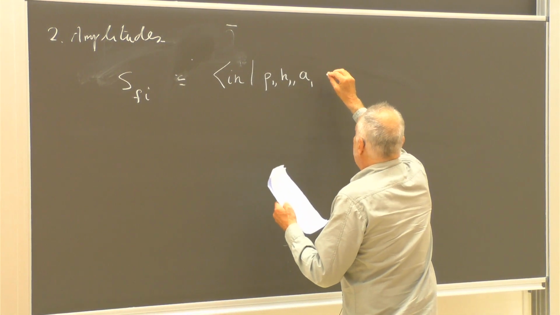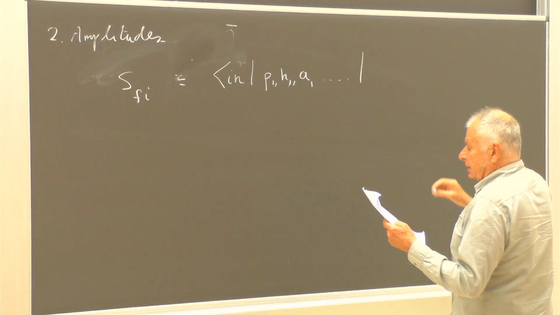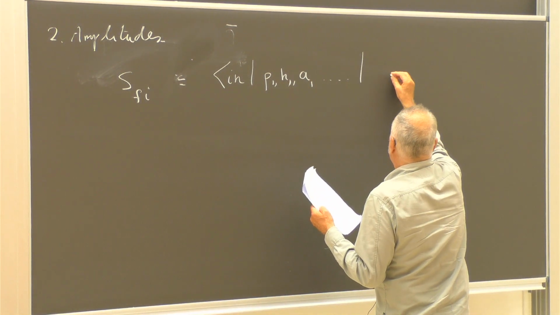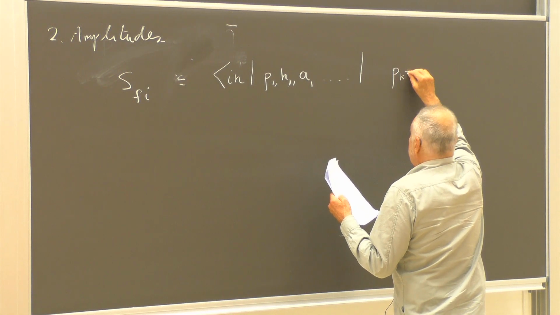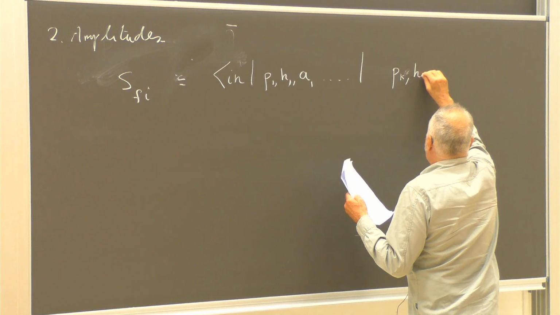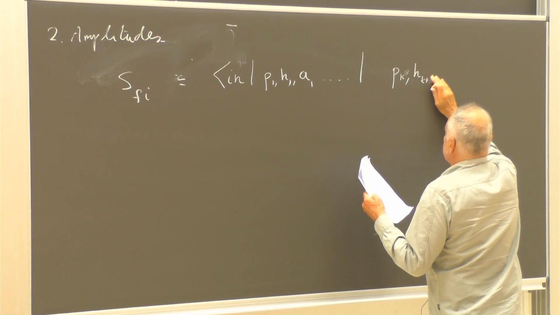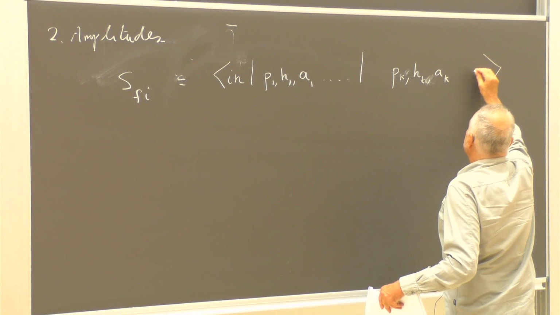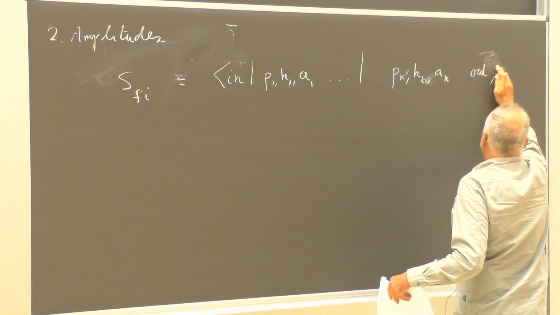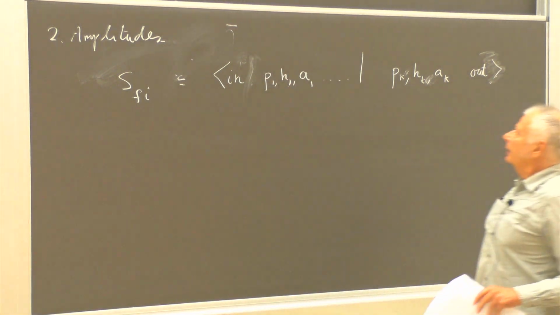And so we have some number of particles in the in state, and then you have some number of particles in the out state. I should put it like that.